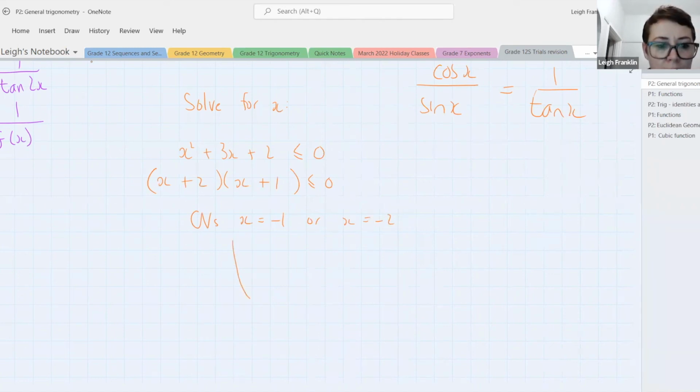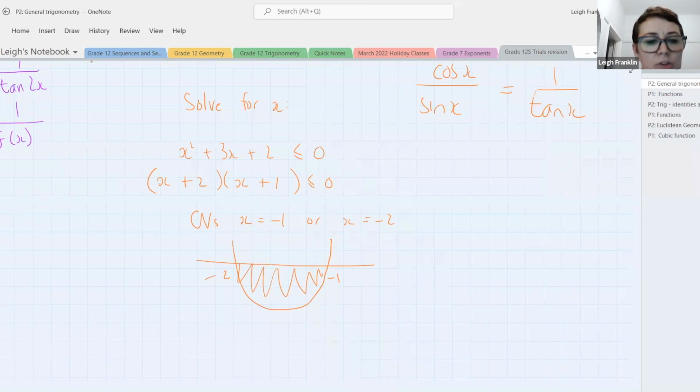Then we would draw our graph or a number line, and we would say -2 is over here and -1 is over there. And the values where y is negative is going to be between these two, isn't it? So we would say when x is a number that is greater than or equal to -2, but smaller than or equal to -1. Do we all remember these sorts of questions?